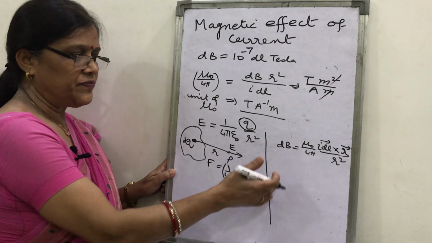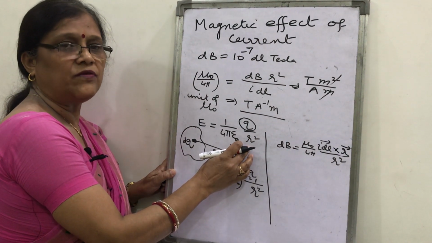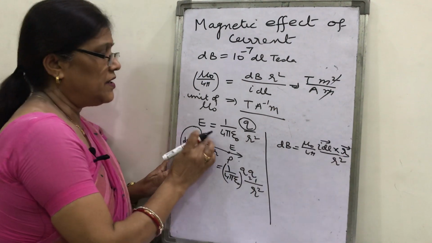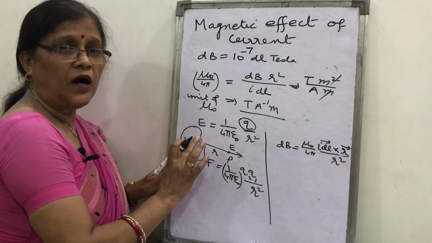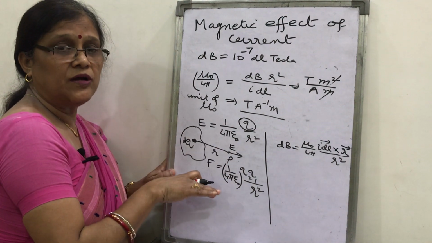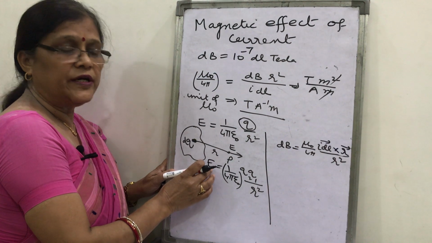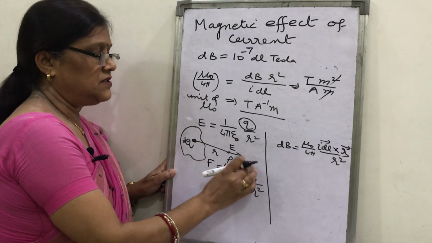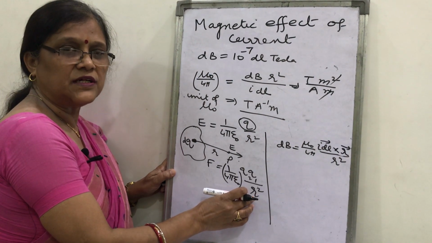Now in this way both depend on the inverse square of distance: dB goes as 1 upon r square, and the electric force is also 1 upon r square. What about the magnitude? The magnitude of electric force depends only on the product of charges and inversely on the square of the distance between them.